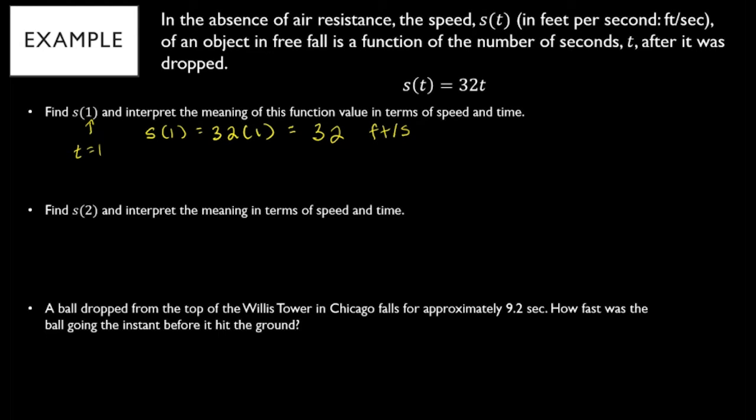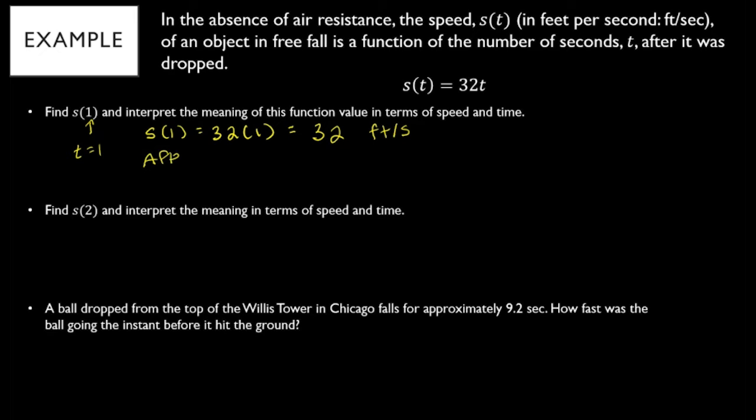Interpret the meaning is basically saying write this as a sentence, putting it in context of your input and your output values and what you're measuring. So t is 1, so this is at 1 second, or 1 second after it started falling.